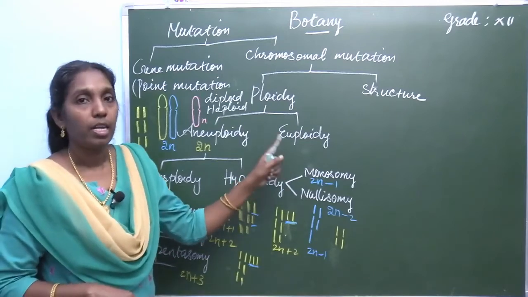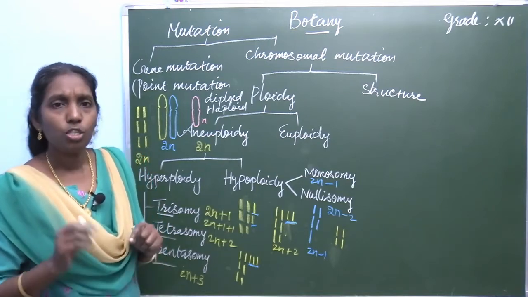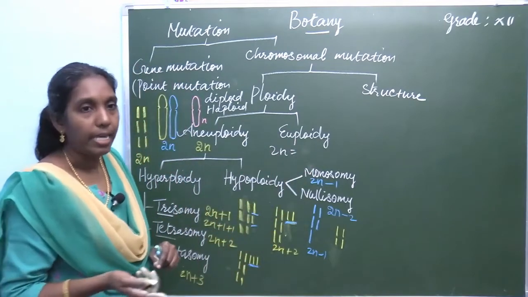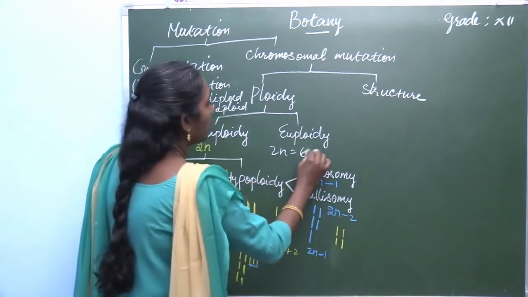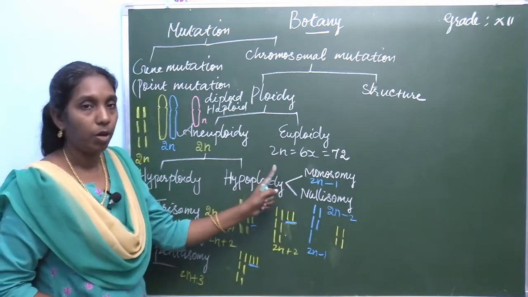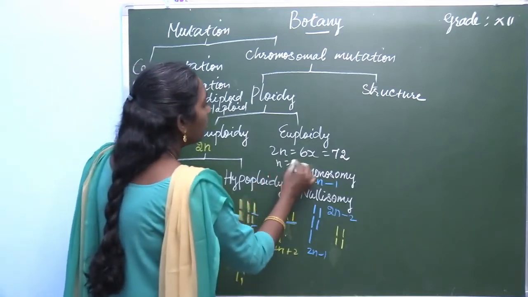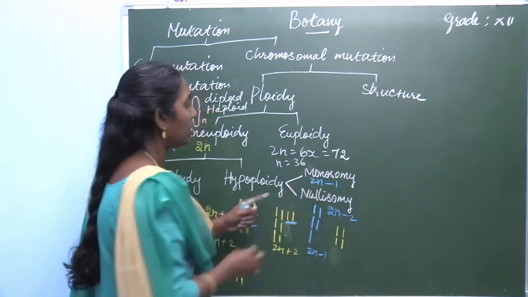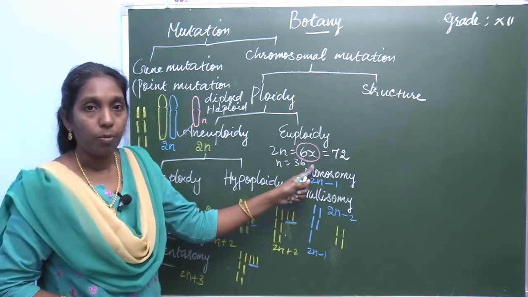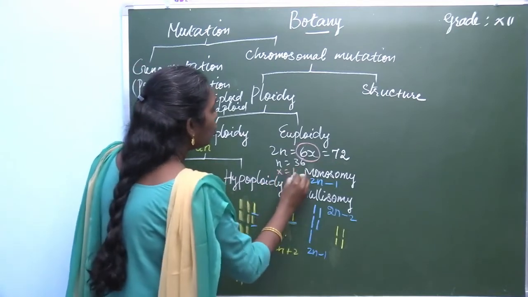For example, common wheat contains 2n equals 6x equals 72. Here the diploid number is 2n, and the haploid number is n equals 36, half of this. But X is the monoploid number, X is 12.